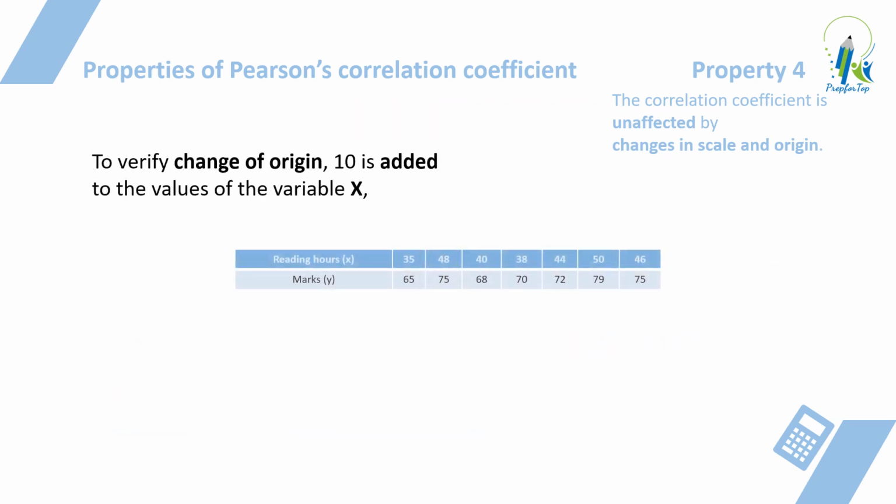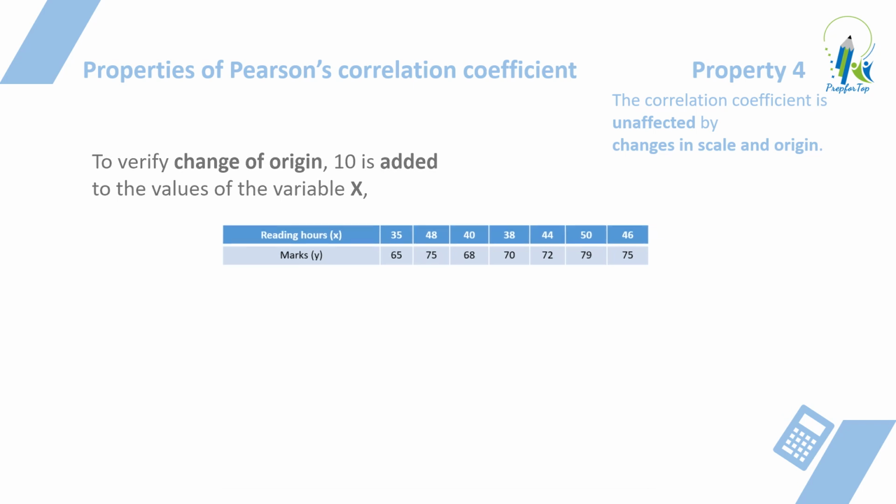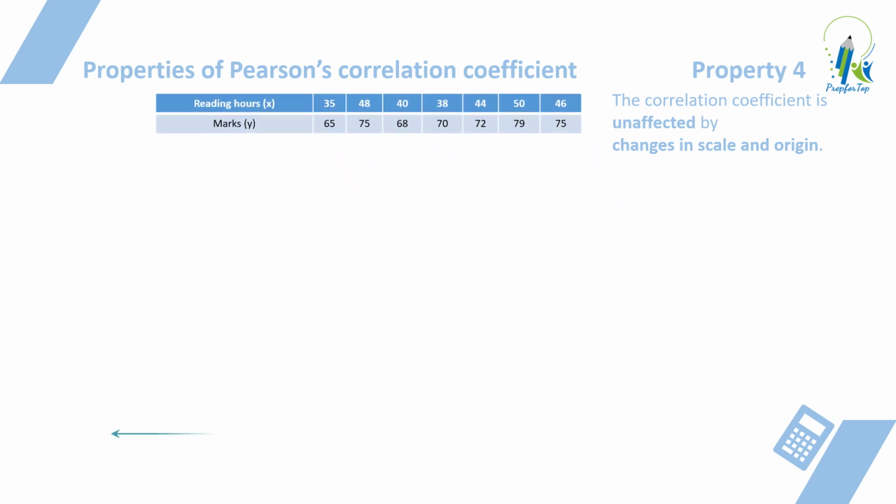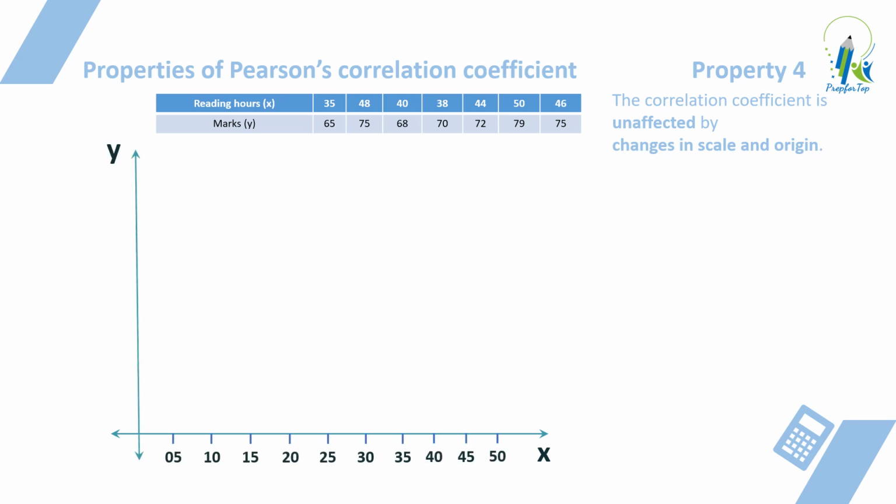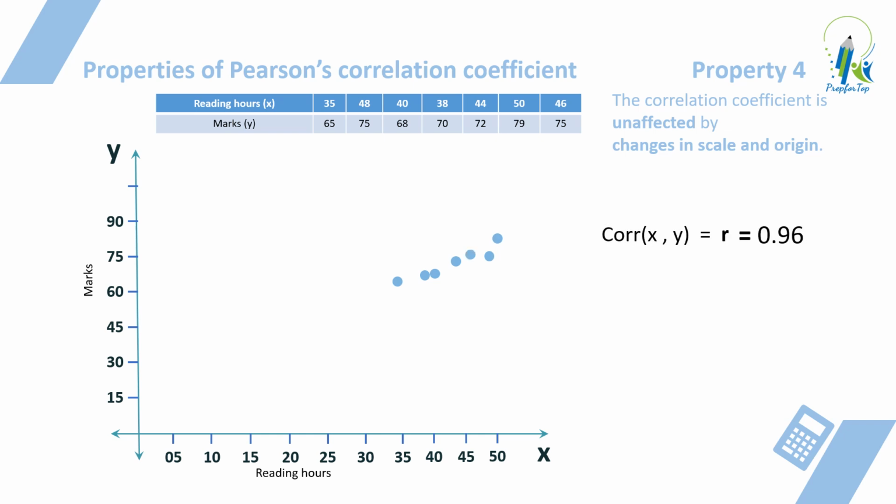To verify the change of origin, 10 is added to the values of the variable x. Cor(x, y) equals r equals 0.96.